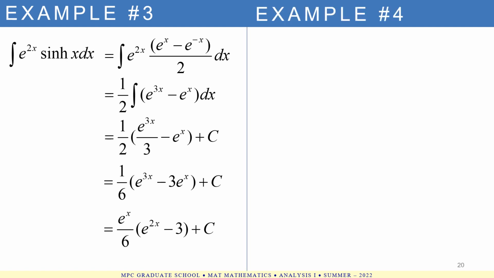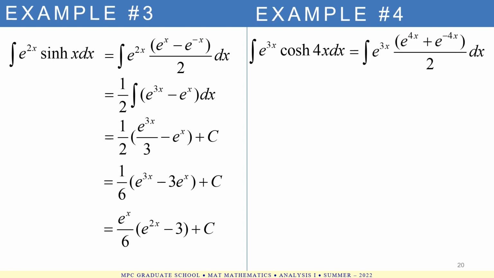For our next example, which is our example number 4, as you can see, we have e raised to 3x hyperbolic cosine of 4x. With this, we are going to use the definition of hyperbolic cosine, but we will replace the x with 4x. By doing that, we get this integral here. Just like what we did in our example number 3, we will put our constant outside the integration symbol.